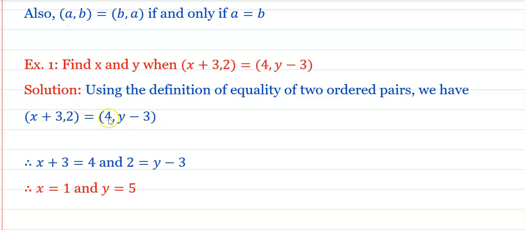Here x + 3 equals 4, and hence if you solve this, you will get x equals 1. And here, 2 equals y - 3. If you simplify, take the 3 from the right hand side to the left hand side, it will become plus. That is 2 + 3 equals 5, and hence y equals 5. Okay, x is 1, y is equal to 5.